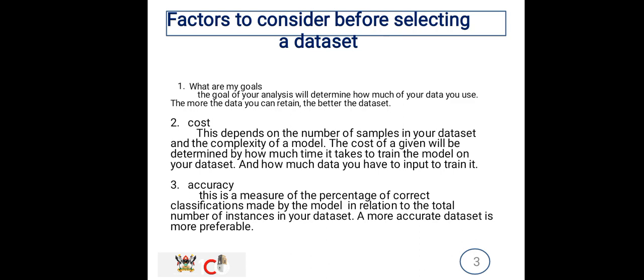We also looked at accuracy. How accurate is the data set? How much true output does it give in relation to the number of instances in the data set? A more accurate data set will be more preferable.